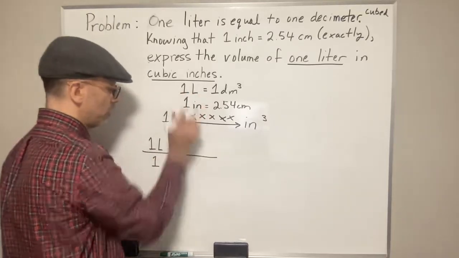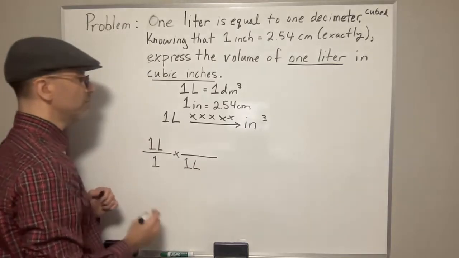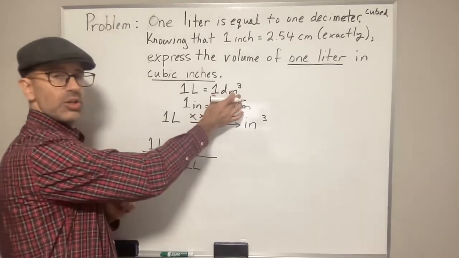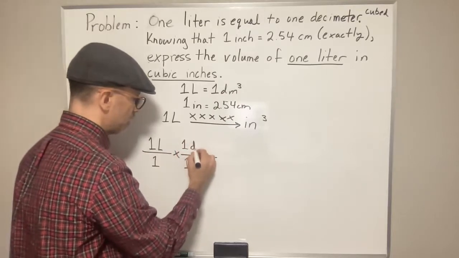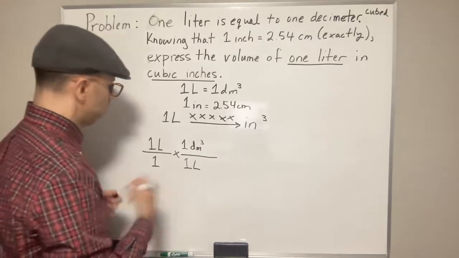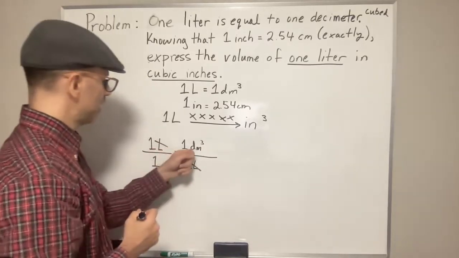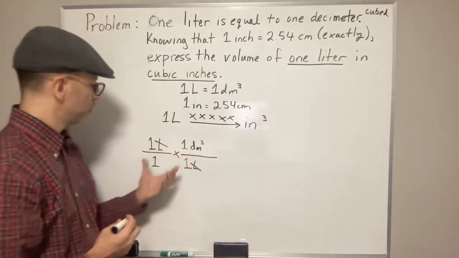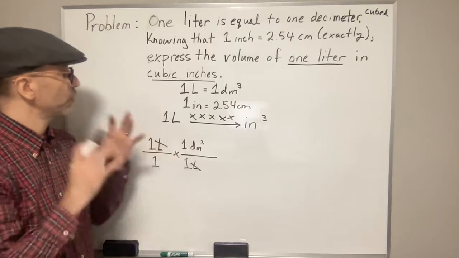And the 1 decimeter cubed goes on top. So that means liters is going to cancel out. Now I have decimeters cubed.